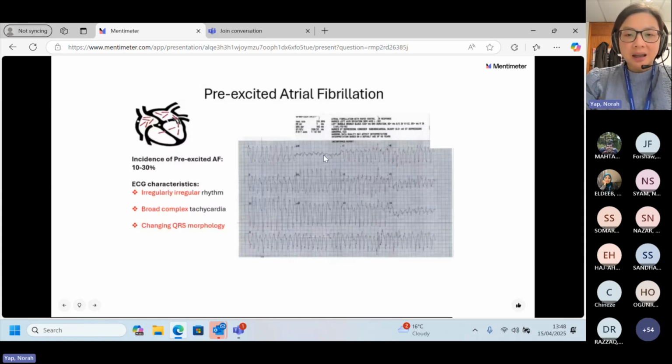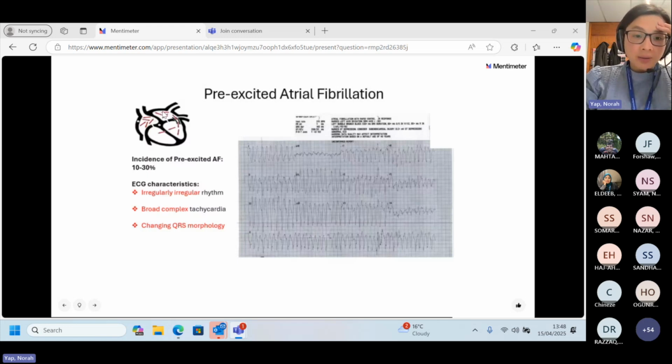This is a medical emergency because you've got the accessory pathway. Accessory pathway can conduct through the AV, from atrium to ventricle, what we call antegradely, and also retrogradely from ventricle to atrium, like what we saw with the SVT earlier.